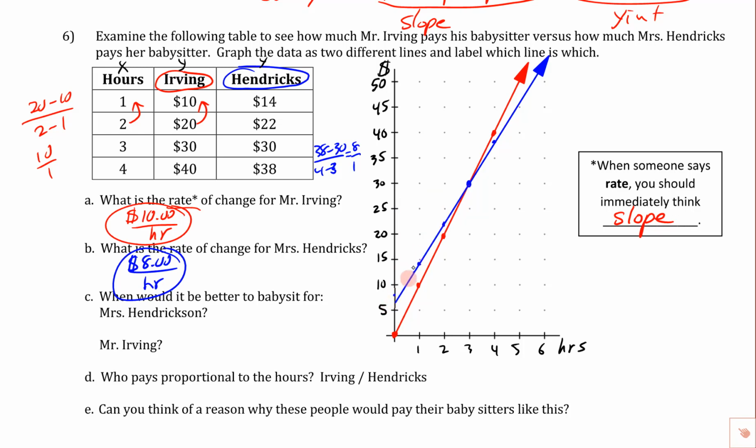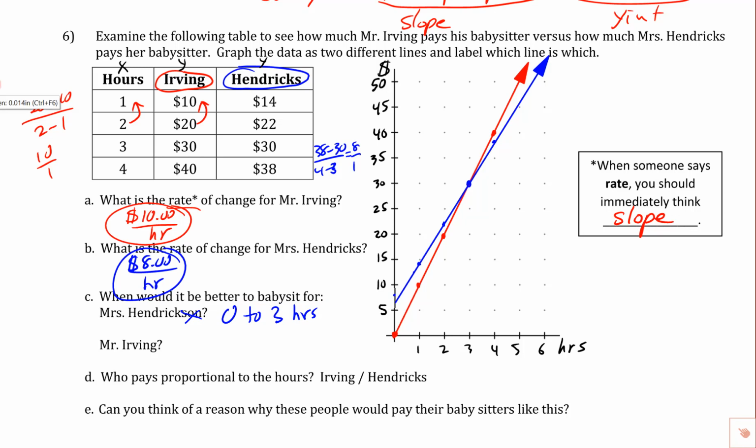So Mrs. Hendrickson, gosh, I've got two names here, so we'll just call her Mrs. Hendricks. Mrs. Hendricks pays a little bit more at the beginning. If we followed this down here, at 3 hours they pay exactly the same, but from 0 to 3 hours, Mrs. Hendricks pays more. So from 0 to 3 hours, that would be better.